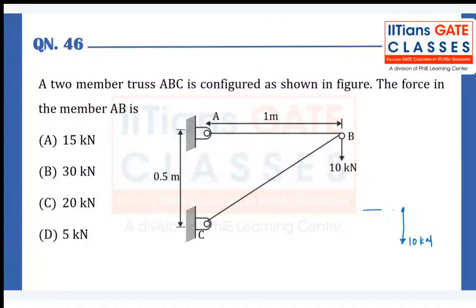One force in the member AB, let's call it FAB, and in the member BC, let's call them BA and BC. So we don't know the angle here. However, they have given us the length of the member AB and the distance between point A and C. So imagine this is theta.